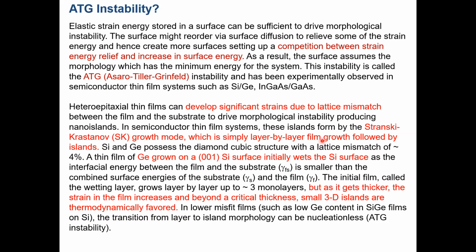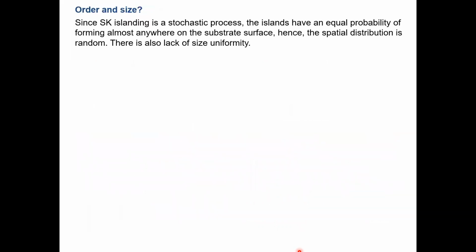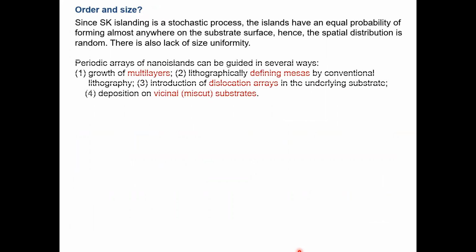You grow a multilayer thin film, beyond a certain thickness, the film will actually create nanostructures, and they will order. So is this ATG type or Stranski-Krastanov type?